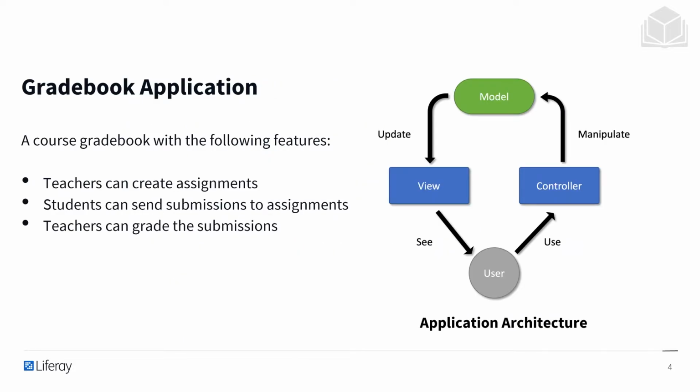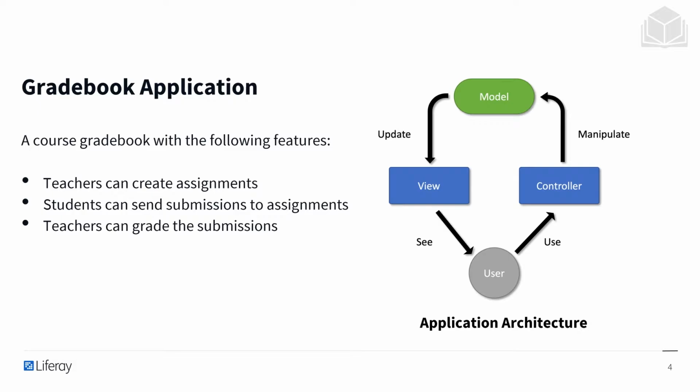As a reminder, we are creating a gradebook application, which consists of a course gradebook with the following features. Teachers can create assignments, students can send submissions to assignments, and then teachers can go ahead and grade those submissions.